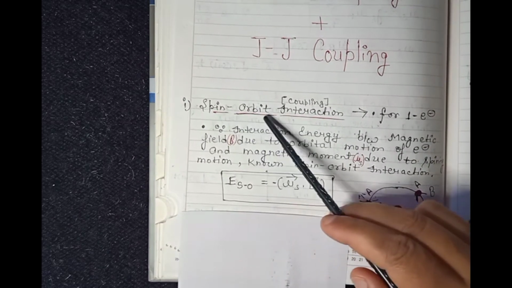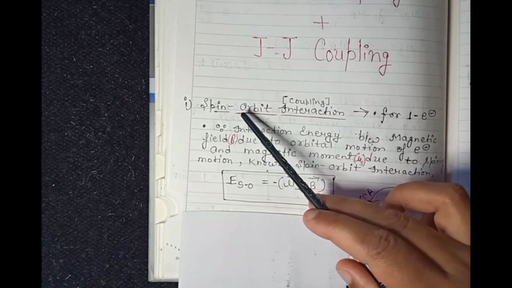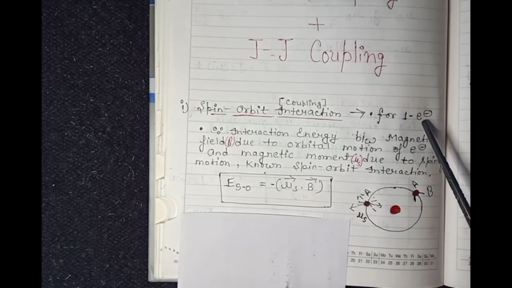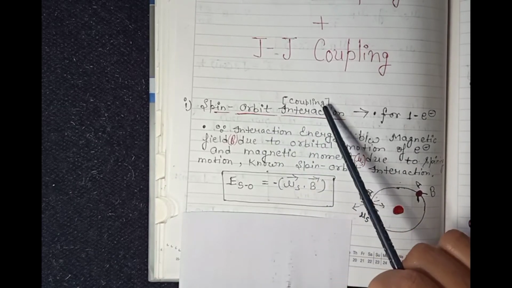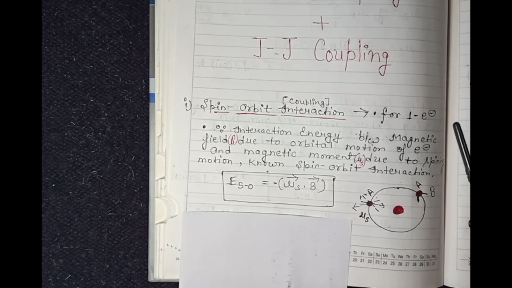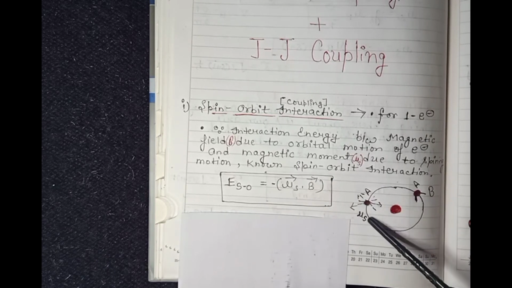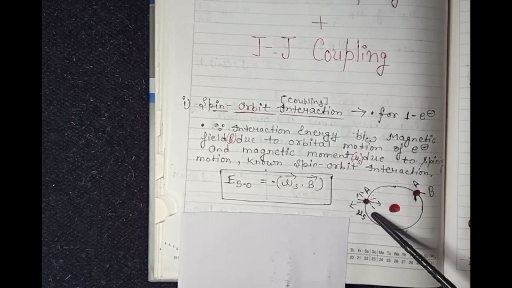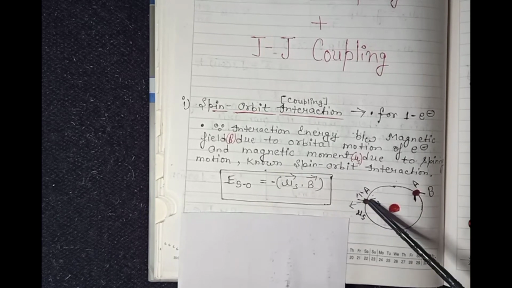So what is spin orbit interaction, or we can say spin orbit coupling? When we are talking about one electron, then spin orbit coupling comes into account, because we know that an electron does orbital motion in its shell and also does spin motion around its own axis.